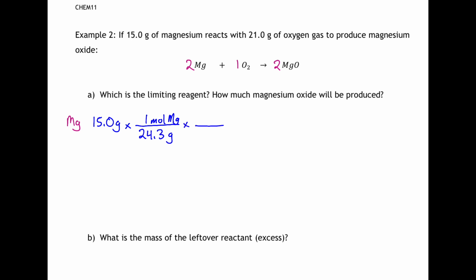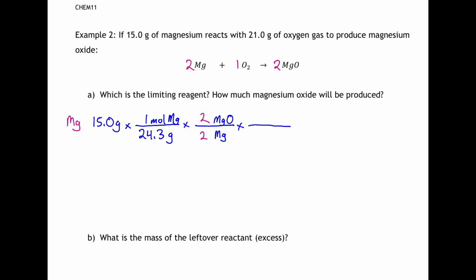Then we do our mole ratio step. Magnesium is going to be on the bottom, and the one I'm going for is magnesium oxide on the top. So both of them are 2s, so it's kind of a boring, useless step. We can skip this step when we're doing our calculator bit because that's just a 1. But we write it down to show that we understand what it's doing.